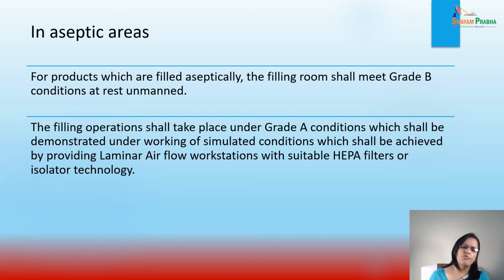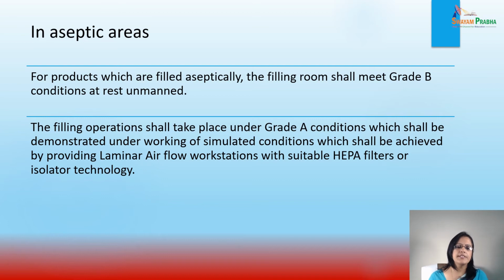Okay, now for the products which are filled aseptically, the filling room shall meet grade B conditions when unmanned. This condition shall also be obtained within a period of about 30 minutes of the person's leaving the room after completion of operations.